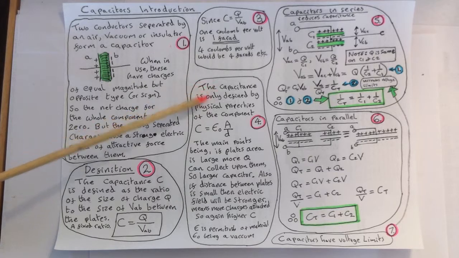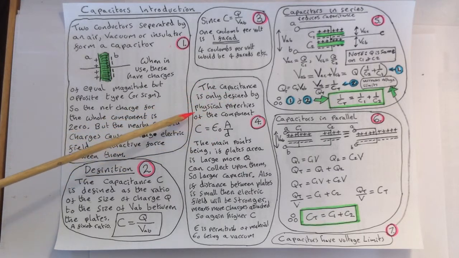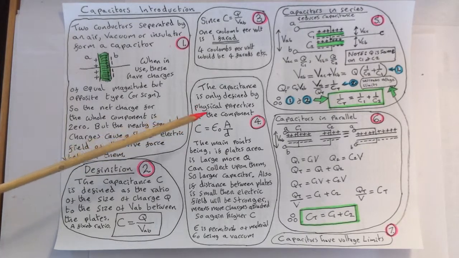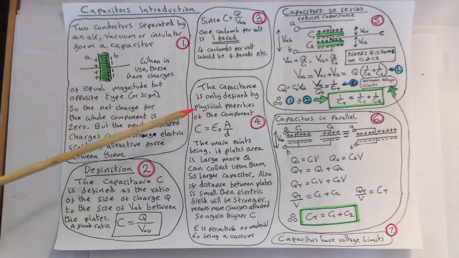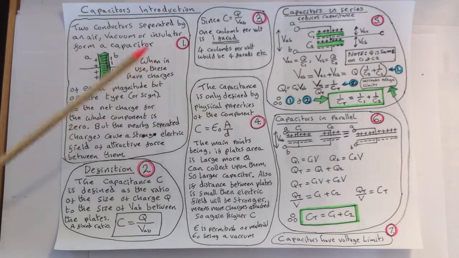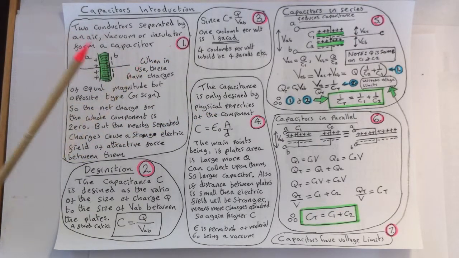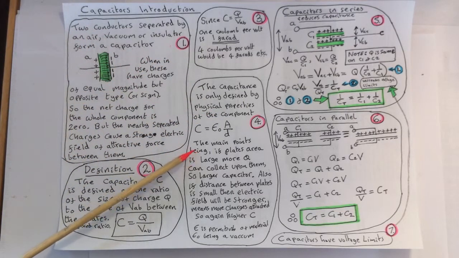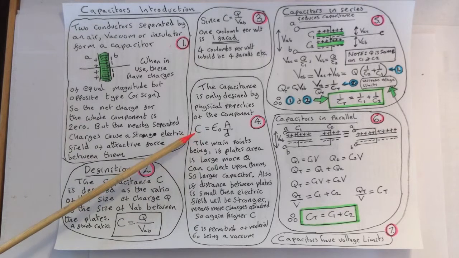So number 4, the capacitance is only defined by the physical properties of the component. The capacity to hold charges is defined by the physical properties of what make up the capacitor itself. The main points being, if the plate area is very large, then you're going to get more charges on them. So that increases the capacitance.